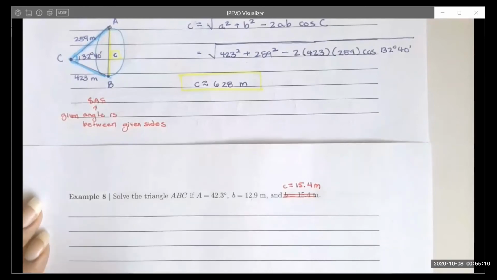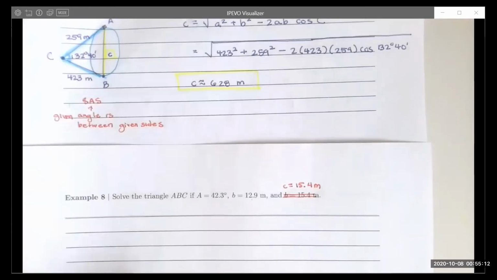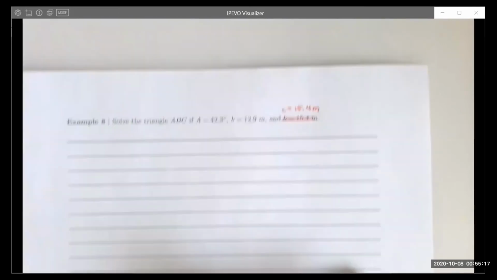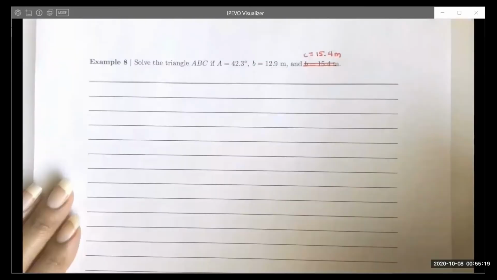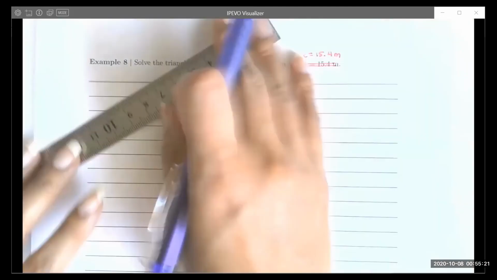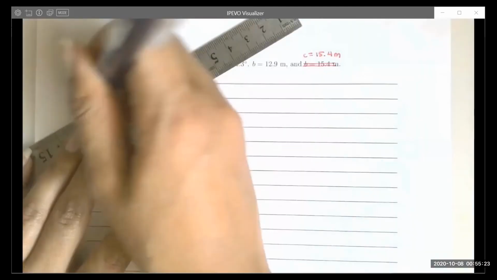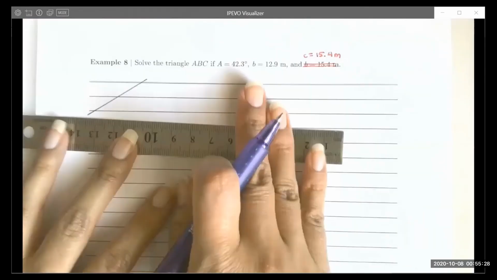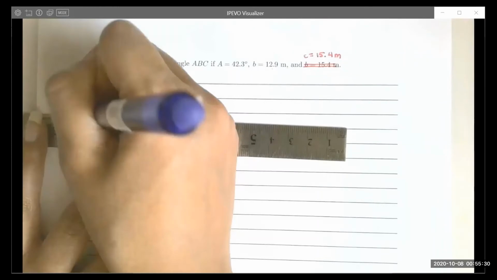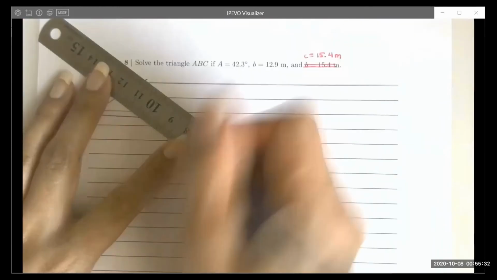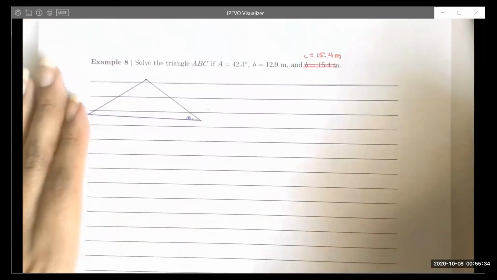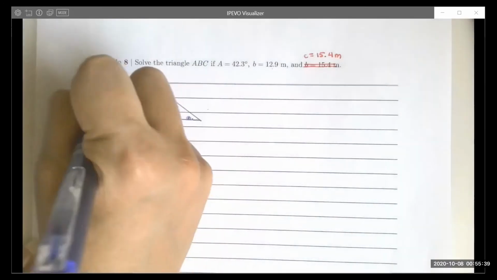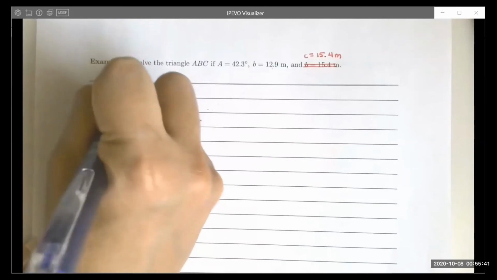So if we draw our diagram for the given information for this triangle, I'm going to say this is angle A with 42.3 degrees.